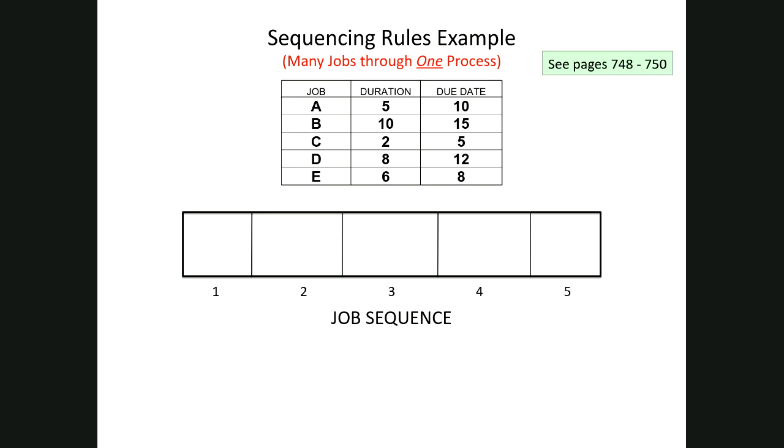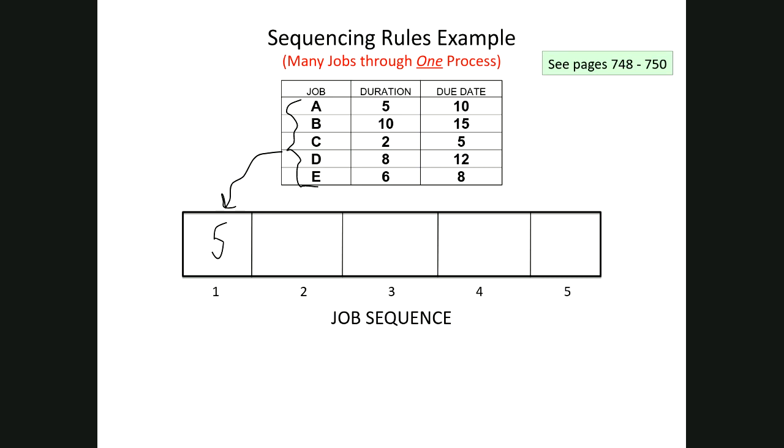Before you make any decision, see if I can diagram this. About which one goes into this box, there's 5 possible choices for these 5 jobs that could be placed in the first order.